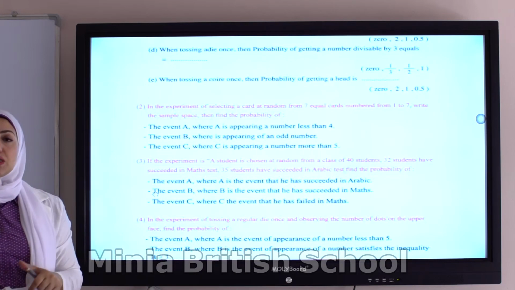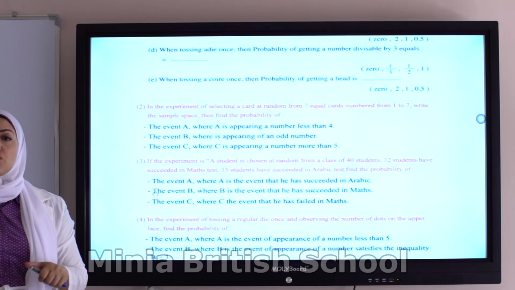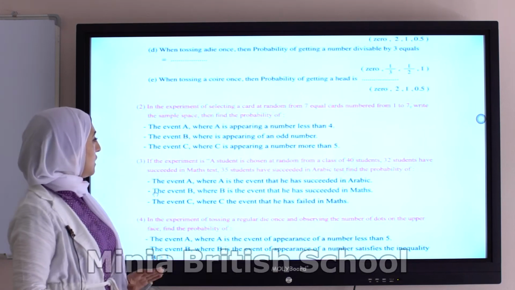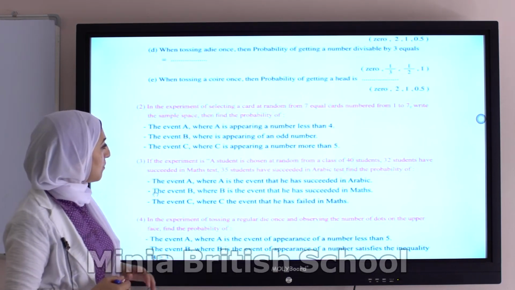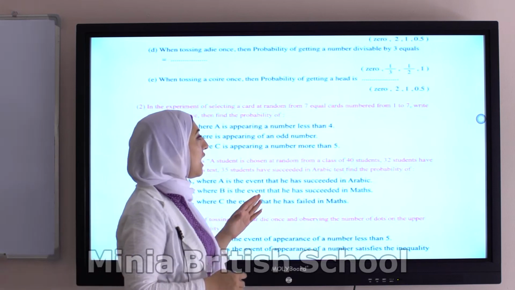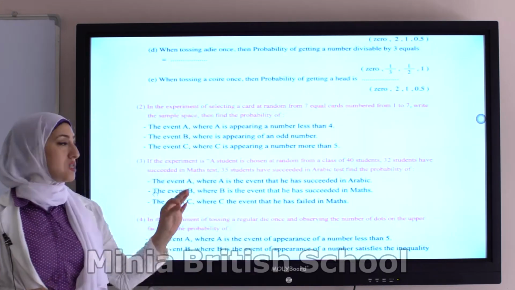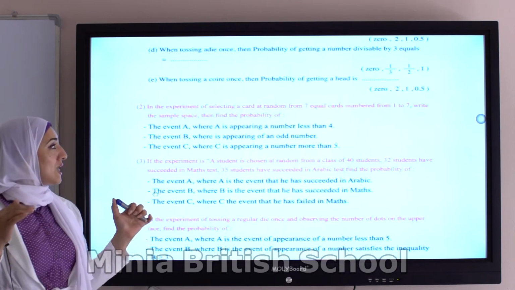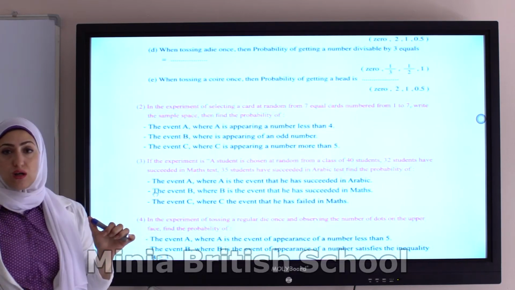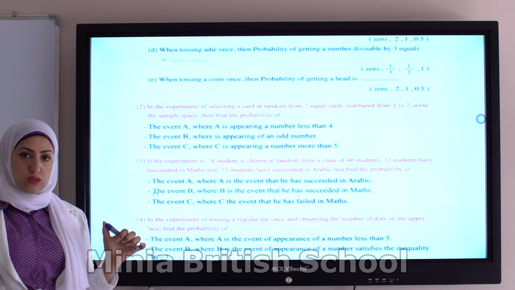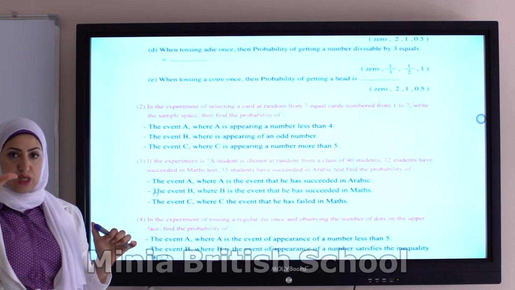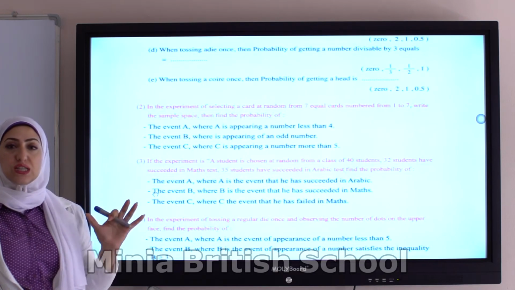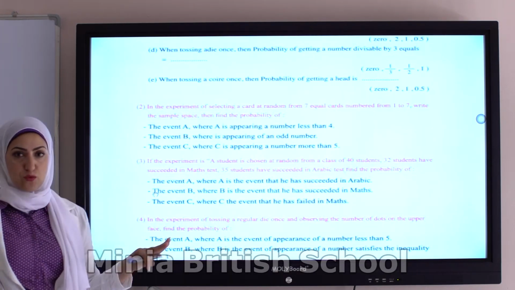That means the sample space equals 1, 2, 3, 4, 5, 6, and 7. Event A, where A is appearing a number less than 4. I want the numbers less than 4, which are 1, 2, 3. So 3 over 7.